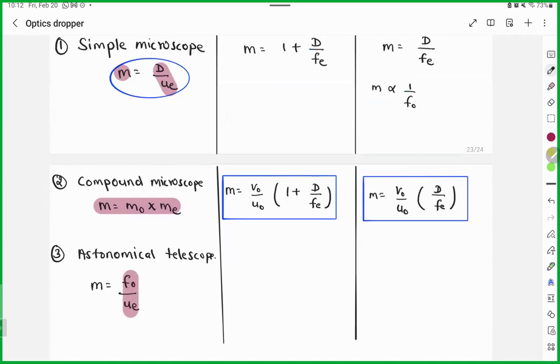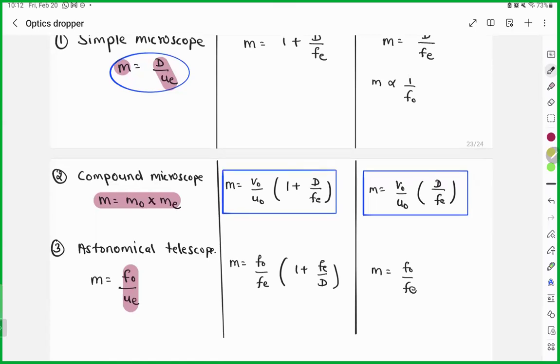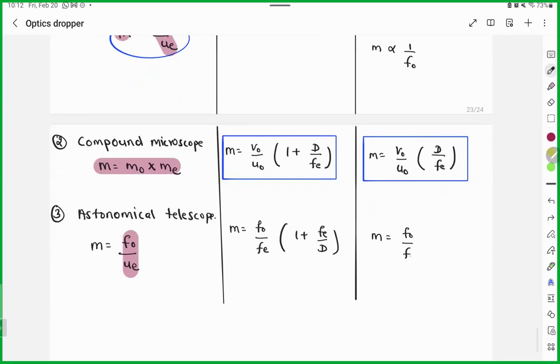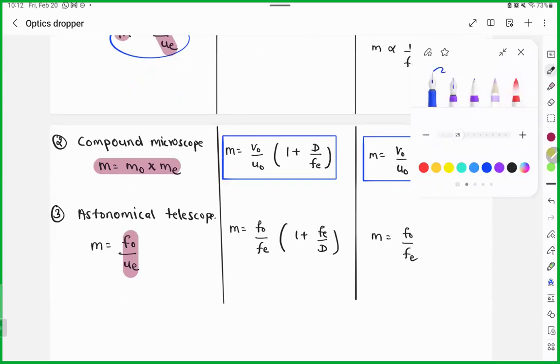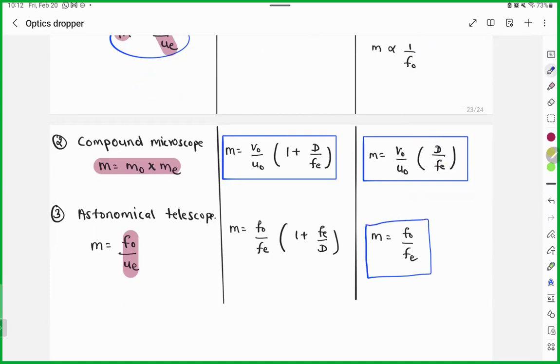If you take near point, then your magnification will be equal to f naught by FE times 1 plus FE by D. And at infinity, very easy, UE will be equal to FE, so f naught by FE. Done. And all these things are done.